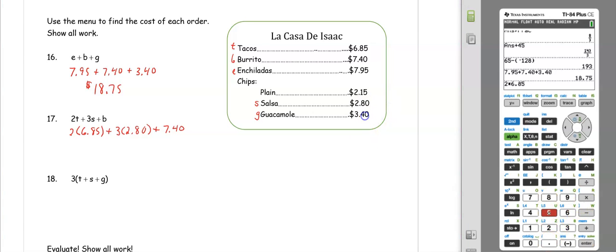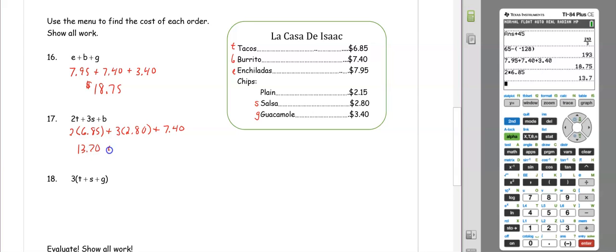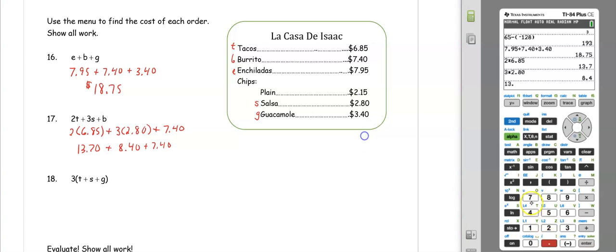So 2 times 6.85 is 13.70, plus 3 times 2.80 is 8.40, plus 7.70. So when we add those together, we get a total of $29.50.